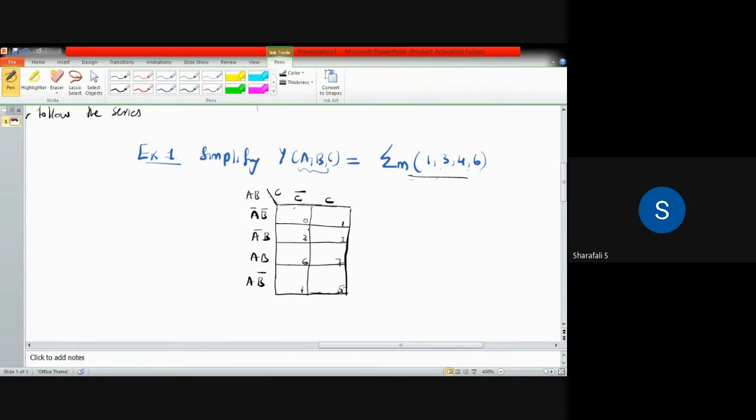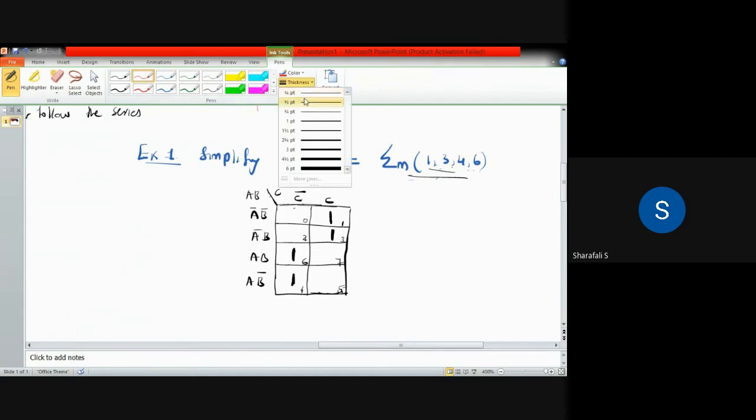So now we have to fill these minterms 1, 3, 4, 6. 1 is coming here, 3 is here, then 4, 6. Now you have to group.